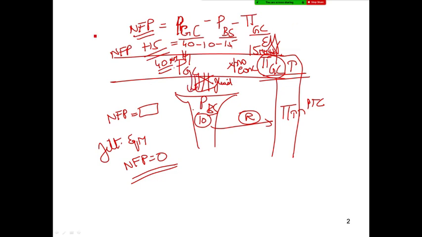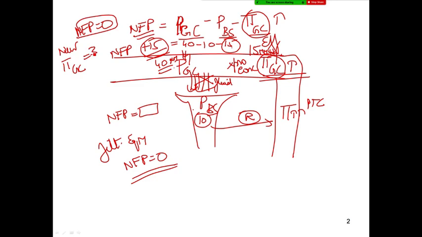At what point does net filtration pressure become 0? That means the oncotic pressure should increase by 15. What was the original oncotic pressure? 15. So what will be the new oncotic pressure in the capillary at filtration equilibrium? 30 millimeter mercury, because 15 was already there, and for that you added 15.